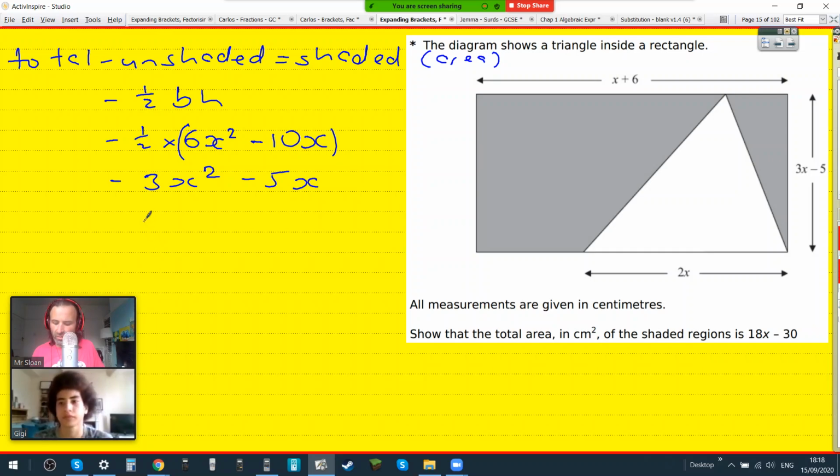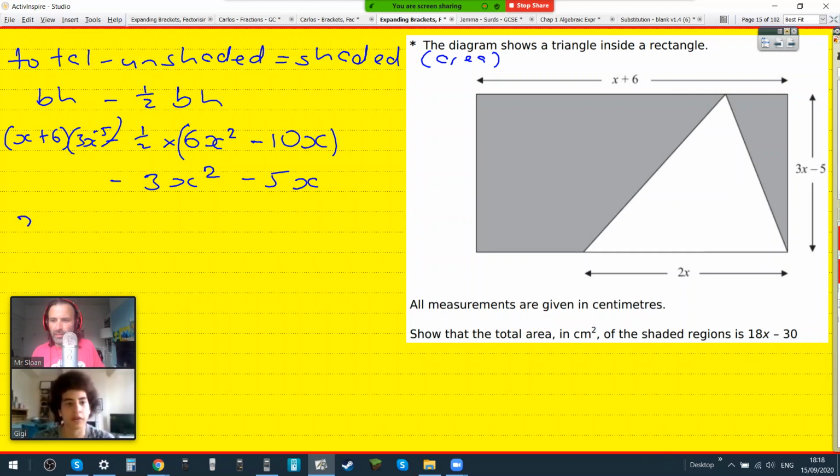Alright, so when we find the area of the rectangle, which is just base times height, it would be x plus 6 and 3x minus 5. X times 3x is 3x squared.